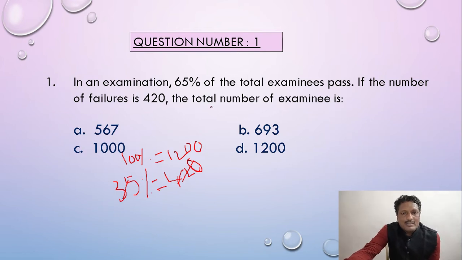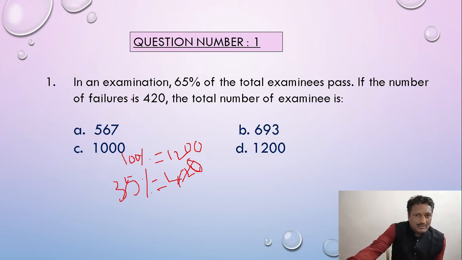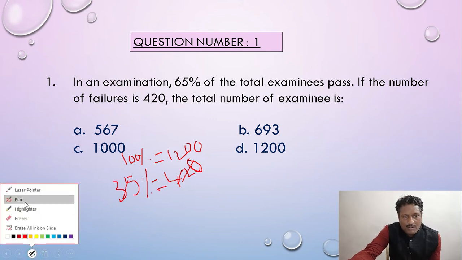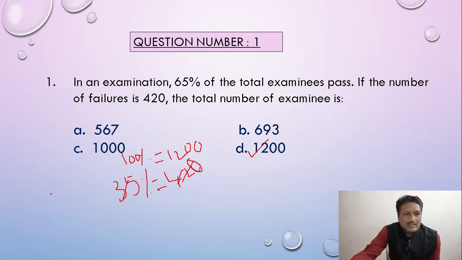So the total examinees are 1200. Just by equating 35% equal to 420, we find 100%. That means 1200. So the fourth one is the option.